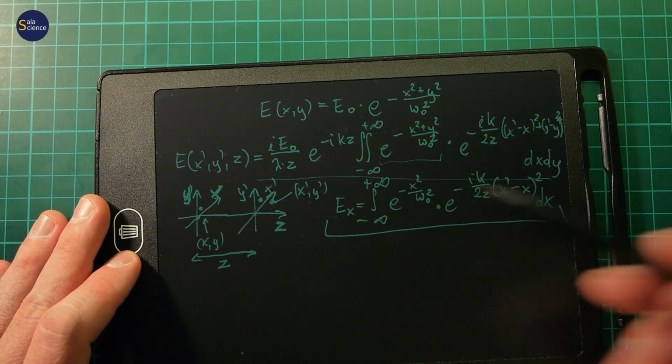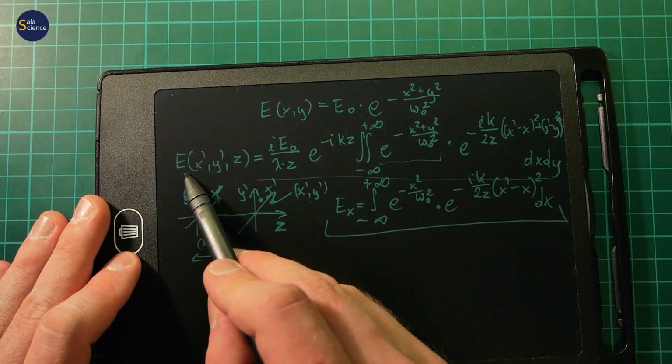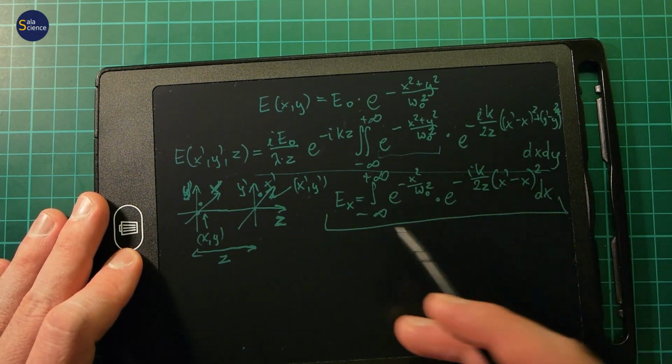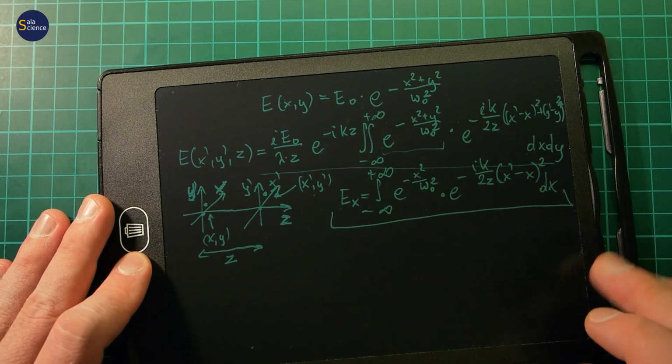So we have to solve only this integral, and as the solution for x and y is the same, the solution for E is just Ex times Ey, which will be just squared.